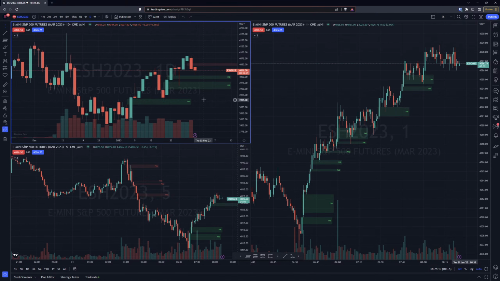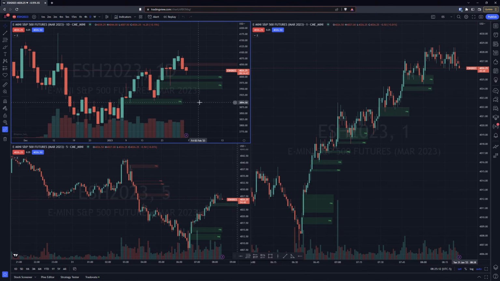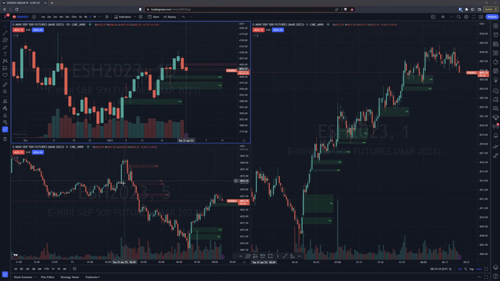When we're looking at the daily, we want to think about what could be an important area that price is going to reach for today. Let me mute this. Sorry, guys. As you can see, we have started to form a gap here.